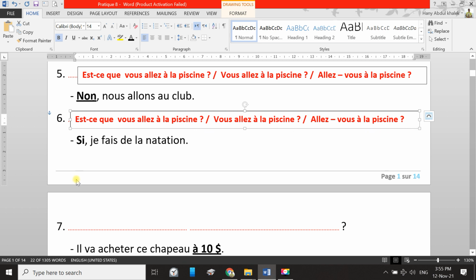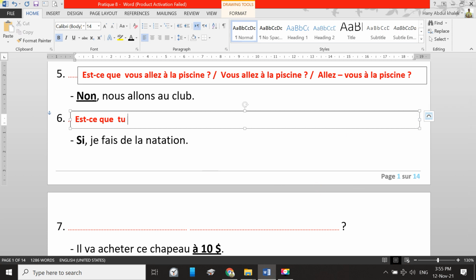Here we can understand that in Arabic, if the question is in the negative form, we answer, instead of yes, which in Arabic is na'am, we say bala. So here we can understand that if the answer is starting with si, the question has to be in the negative form. Est-ce que tu ne fais pas de la natation?